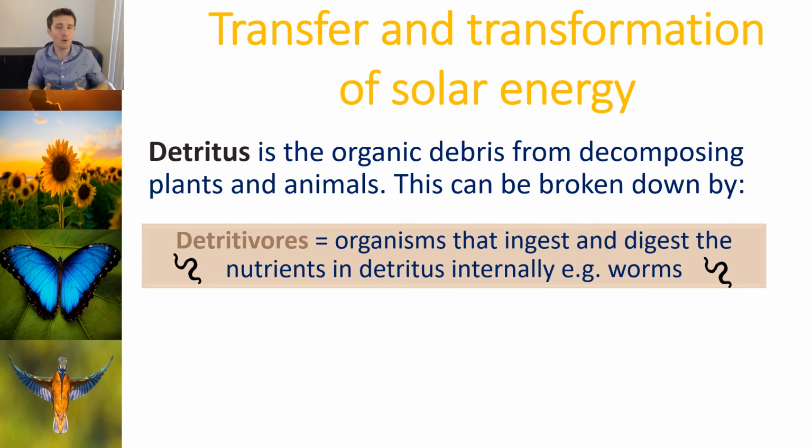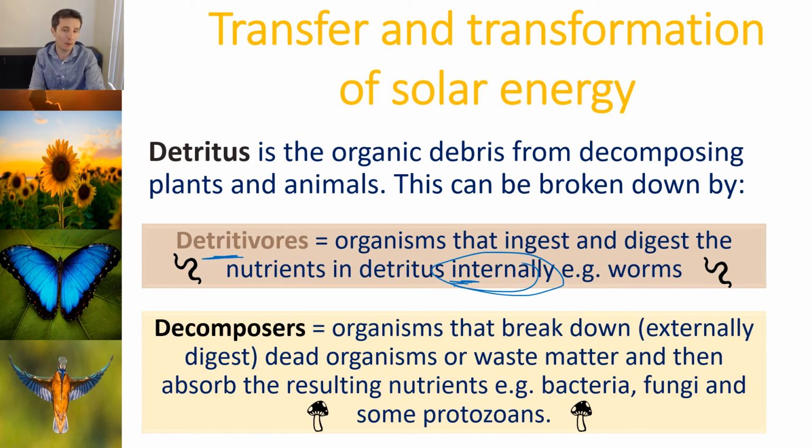So detritivores are organisms that ingest and digest the nutrients in detritus internally. And that's the key idea here. Detritivores is all about internal, okay? So internal and detritivores are the key idea there. So they break down that detritus internally, release the waste, and that is important to help get that turnover of essential nutrients in that ecosystem.